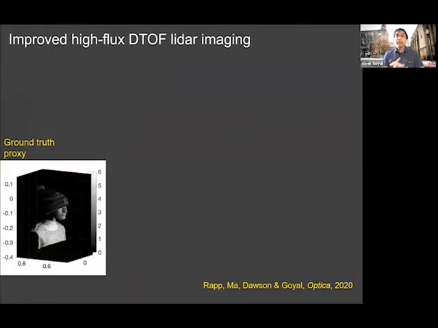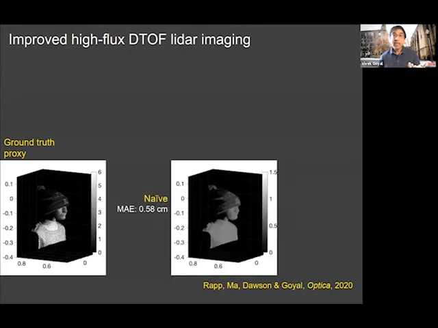All right, so we experimentally demonstrated the improvement that we can get with this model. We have a ground truth proxy obtained with a long acquisition at low flux. Now, if we operate at high flux naively, there's significant bias in both the depth and the reflectivity.